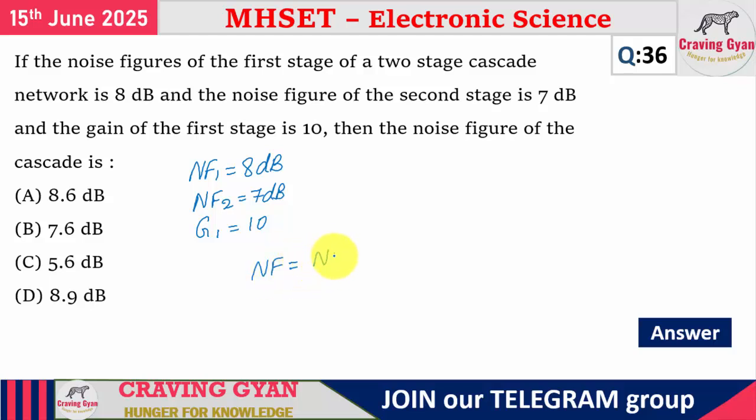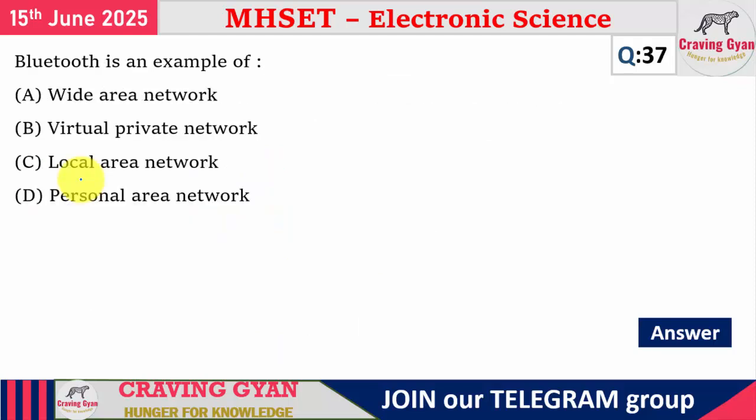Overall noise figure is given by NF1 plus (NF2 minus 1) divided by G1, which equals NF1 is 8 plus (NF2 is 7 minus 1 is 6) divided by 10. 6 by 10 is 0.6. 8 plus 0.6, it will be 8.6. Unit will be dB, decibel. So for this, the corresponding option that is going to follow is option A.